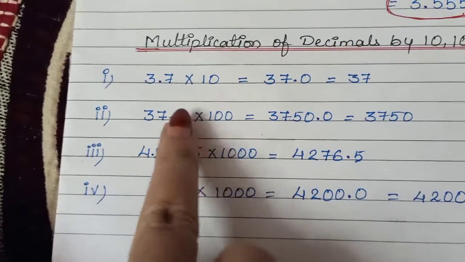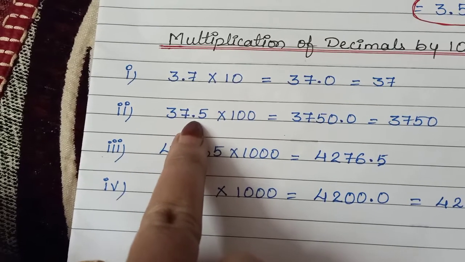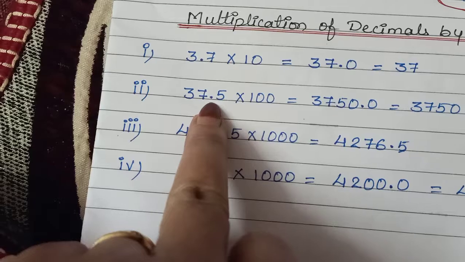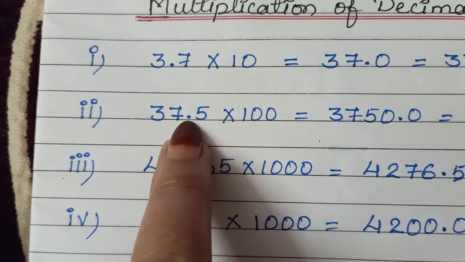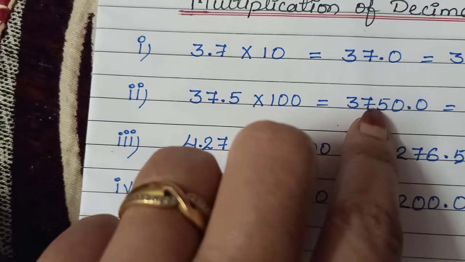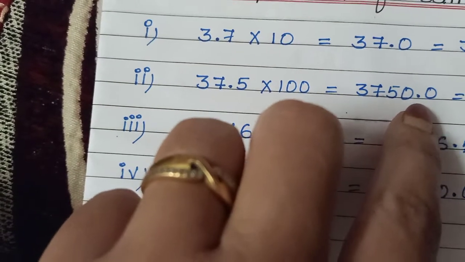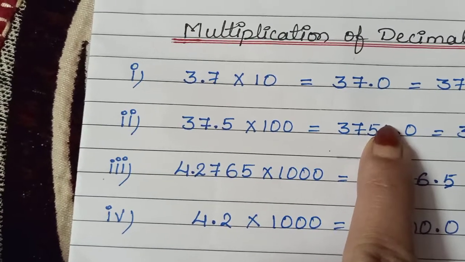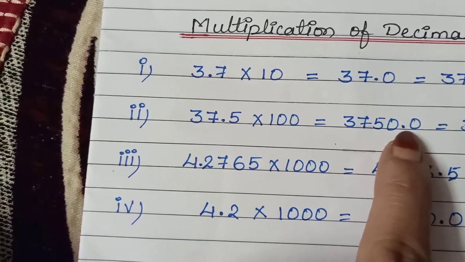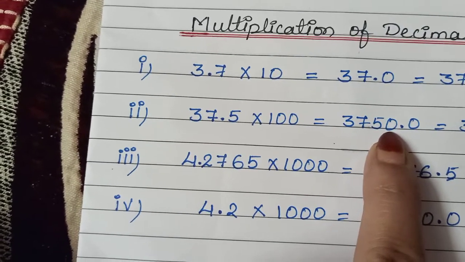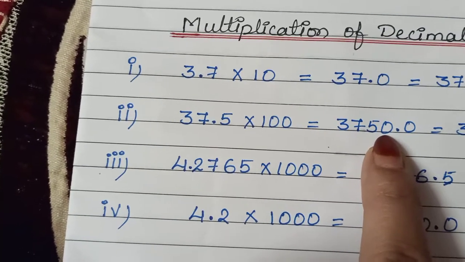Now one more example you can see here. The decimal is here. How many zeros? This 100 has 2 zeros. So that means this decimal will shift by 2 digits. The decimal was here, and when I shift it 1, 2 digits, we know this place was empty, because nothing was there. But when we shift, we should place something here, so we will place 0.